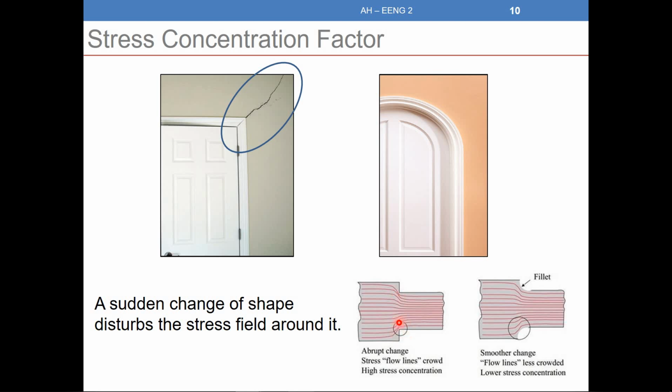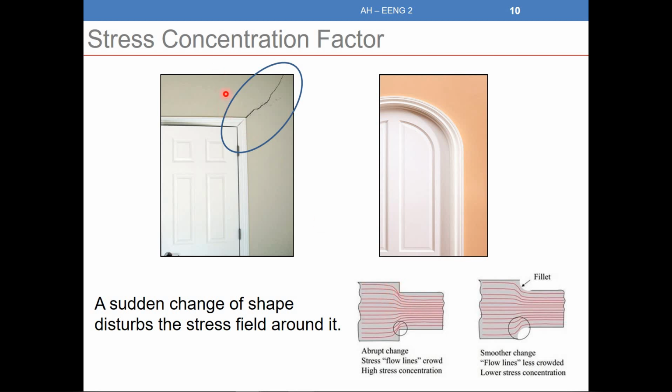So we have stress concentration around these right angles, while here the stress will change smoothly. In both scenarios we have stress concentration, because around any discontinuity we will have a stress concentration. But the sharper the change of geometry, the greater the stress concentration.